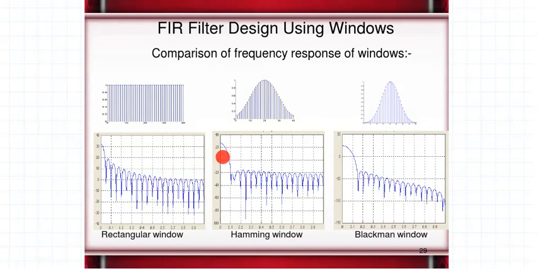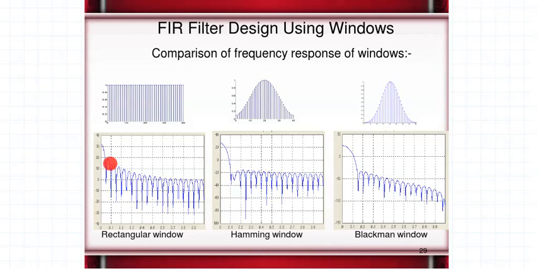There will be a major difference between the pass band edge frequency and the stop band edge frequency because the main lobes are larger. Larger main lobes result in larger transition width, and hence the Hamming window and Blackman window won't give us sharp cutoff characteristics in the filter.